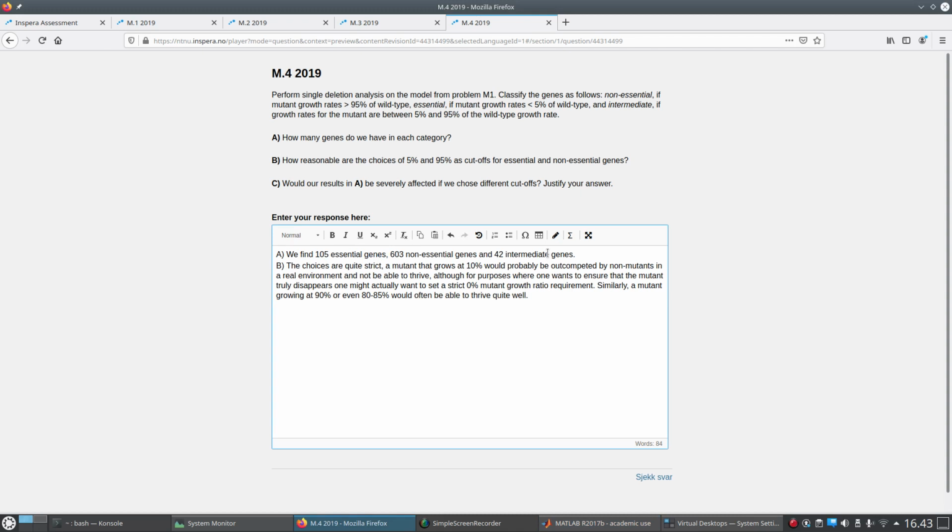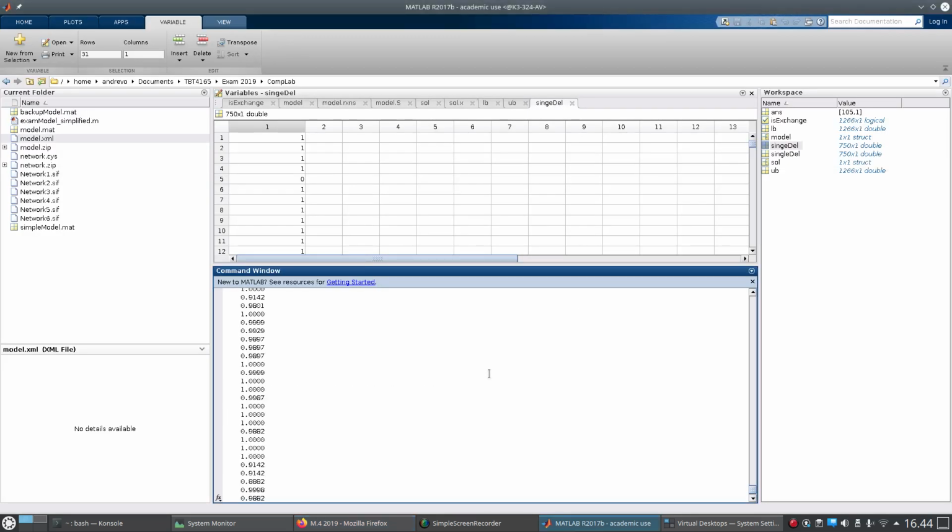So we can say that we find that no mutants have growth rates larger than 0 and simultaneously less than, I think, what's the lowest we have here?